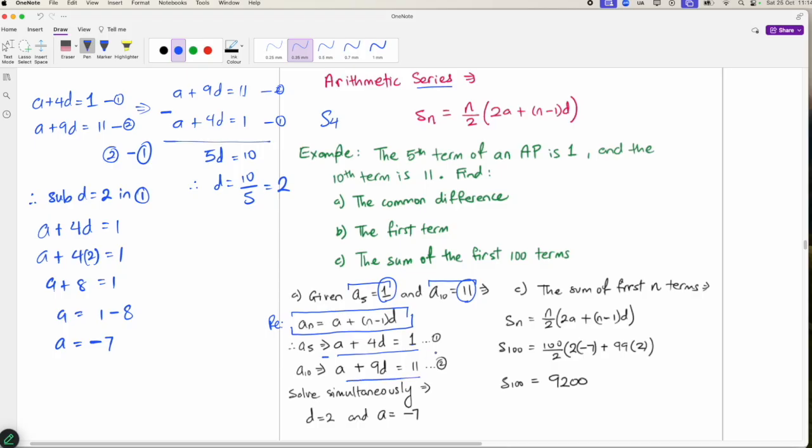Those equations you could solve simultaneously in order to find your common difference and your first term, right? So therefore, the sequence itself, we know the first term, which is negative 7 plus n minus 1 times 2. This is the sequence itself.